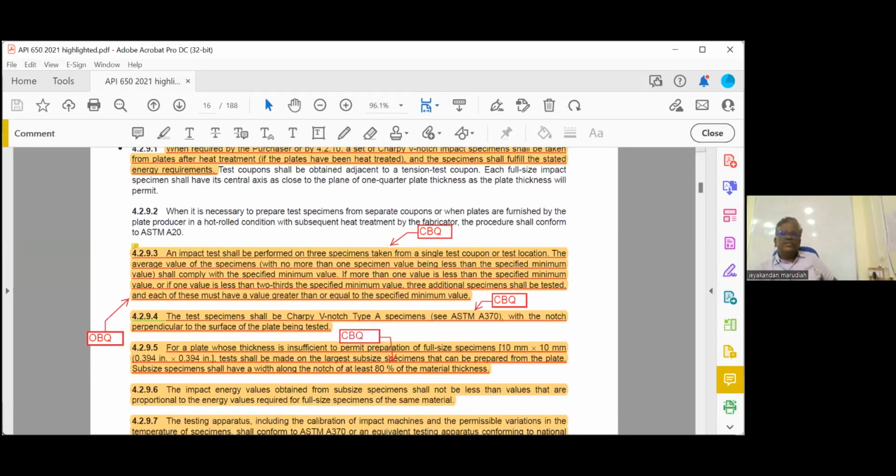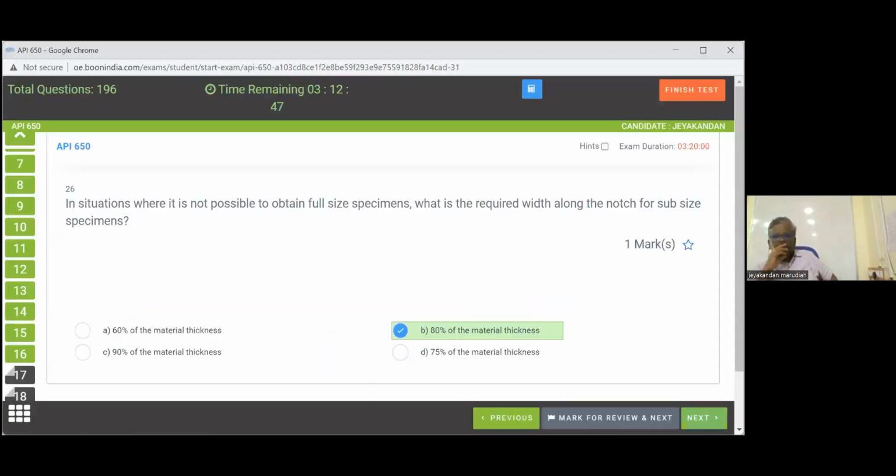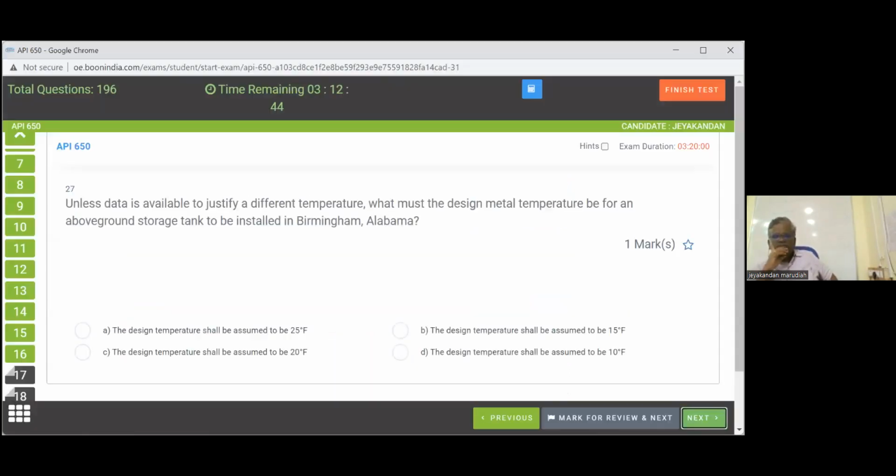Next one. Unless data is available to justify a different temperature, what must the design metal temperature be for an above ground storage tank installed in Birmingham, Alabama? What is the design temperature for a tank located in Birmingham, Alabama? First, what is the temperature given on the map? 0 degree? 5 degree?